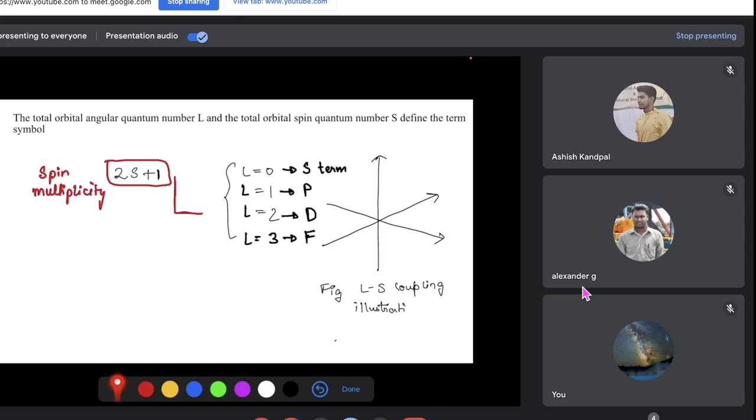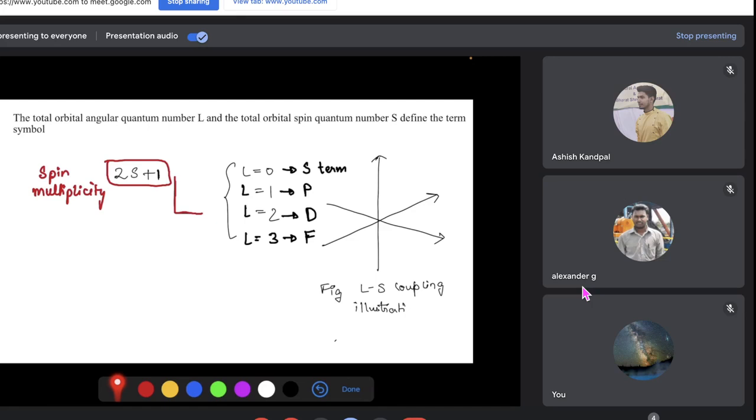These are denoted by a simple method: the multiplicity at the left-hand side as a superscript of the term capital L. Please note that each term symbol represents a discrete energy level, so we can place these levels in the correct order by using some rules.